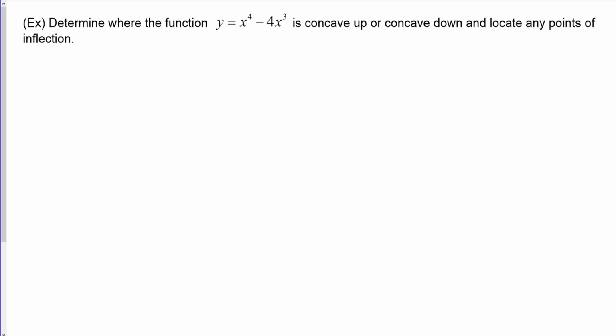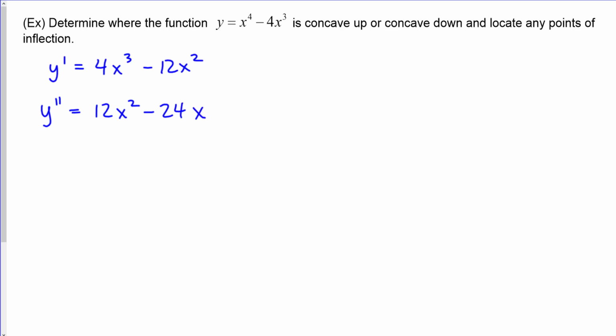Alright, so to do this, we need to find the second derivative. So the first derivative would be 4x cubed minus 12x squared, and the second derivative would be 12x squared minus 24x.